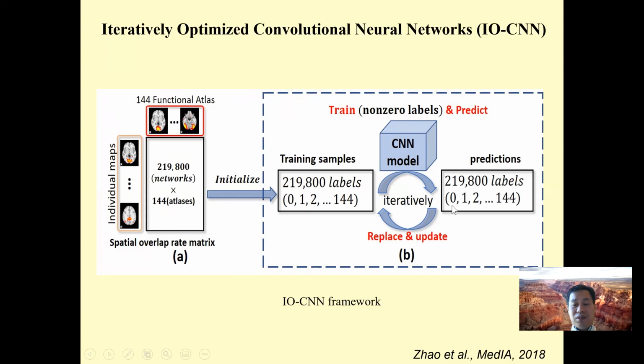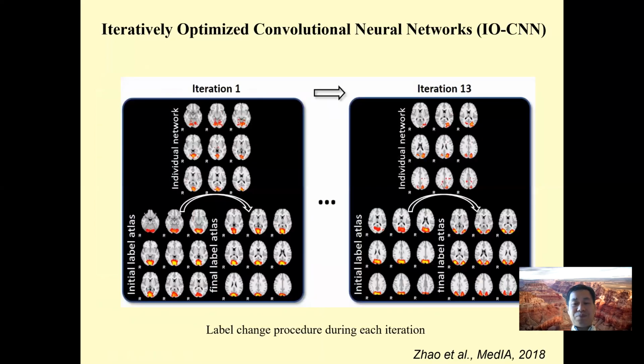Then we have a good estimation. Then based on this estimation, we are going to retrain this convolutional neural network based on the estimated labels, or we can say weakly labeled brain networks. Then we're going to iterate this whole process until convergence. Okay, so that's the basic idea.